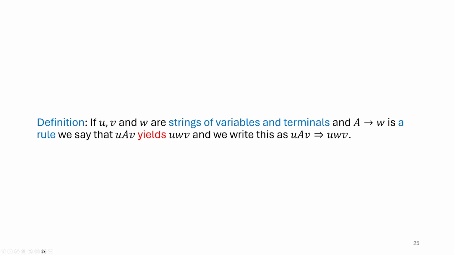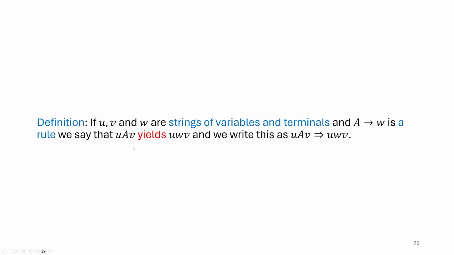Let's say we have U, V, and W, and these are all strings of variables and terminals. They could have variables in them or terminals. And we've got this rule here: A is the variable of the rule, and W is some other string of variables and terminals, as we already said. So the rule A says you can replace A with W.